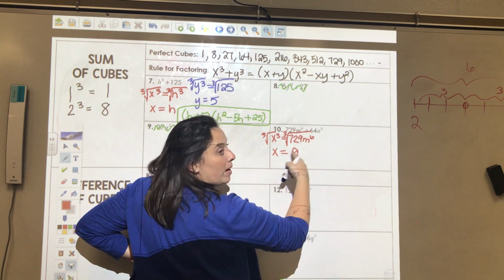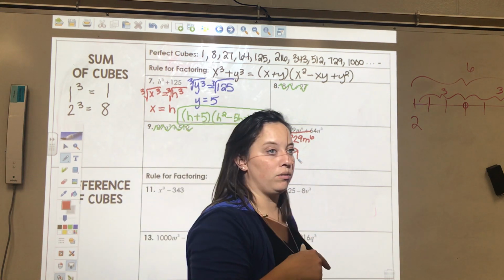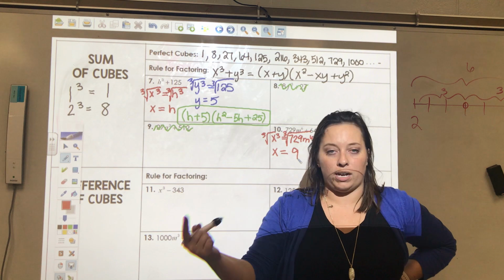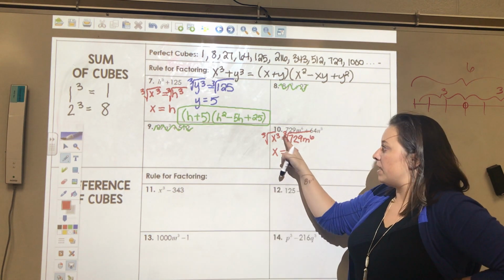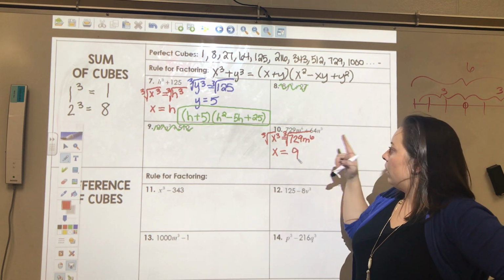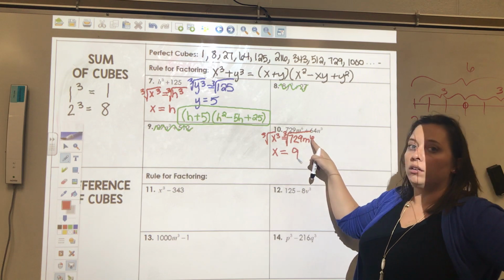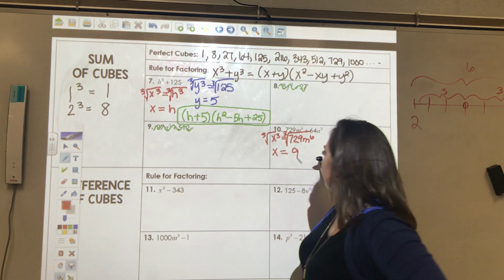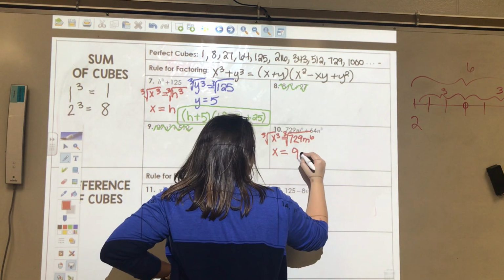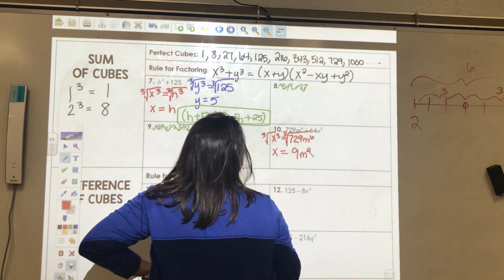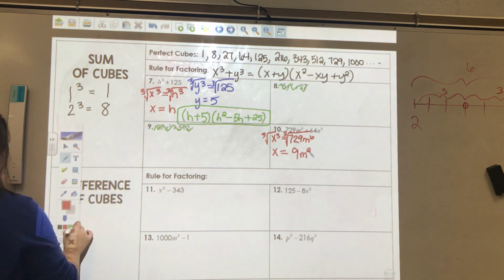Now the cube root of m to the 6th. If you remember in the square roots, when you take a square root of an exponent, you divide it by 2. So following the same type of rule, when you take a cube root of an exponent, you divide it by 3. So 6 divided by 3 is 2. So therefore this is 9m squared. All right.